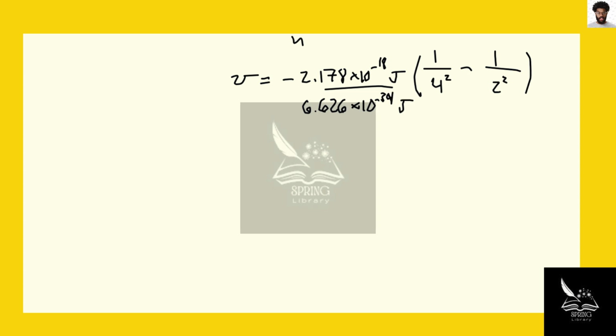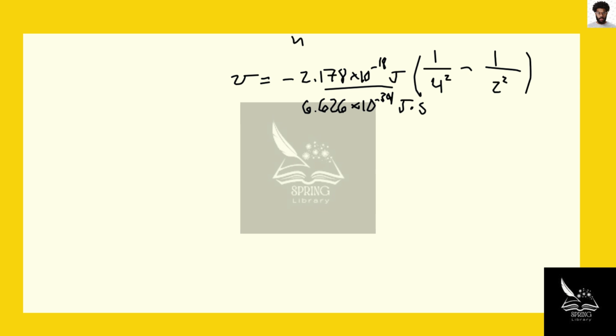Sorry, that's a 4. Joules over hertz, or joules times seconds. So notice that in the final answer, these joules will cancel and we'll have per second, which is good because frequency should be 1 over seconds. Okay.